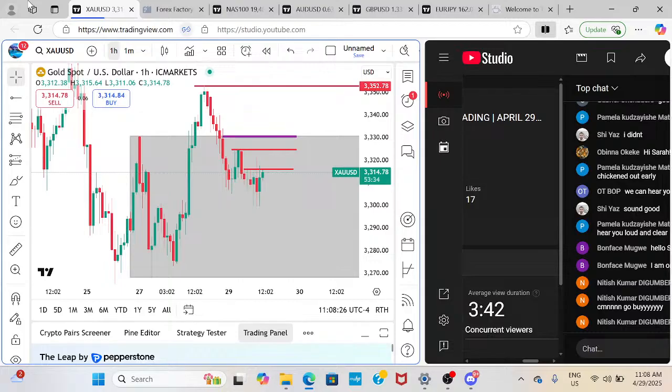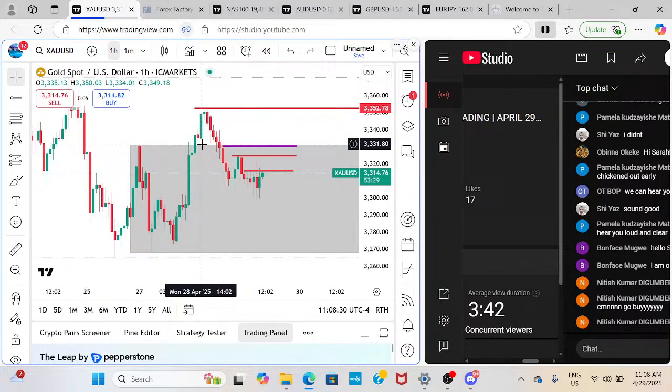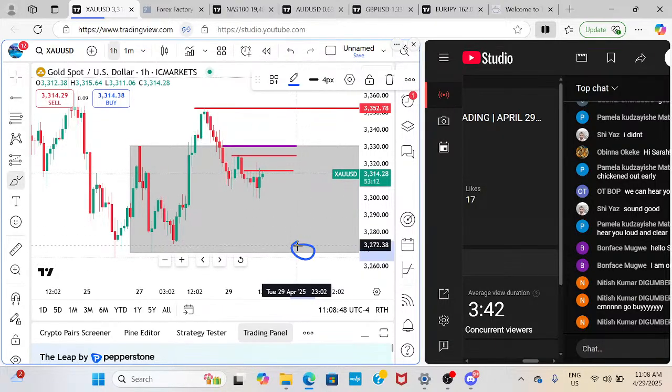So basically, where is the price heading right now? Because the price got rejected at 3,352, and then it failed to hold the support of 3,330, there's a very high chance it's heading back down here.